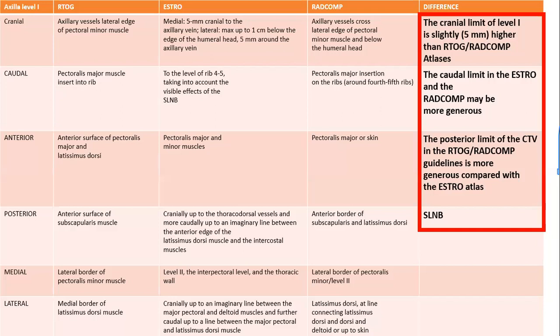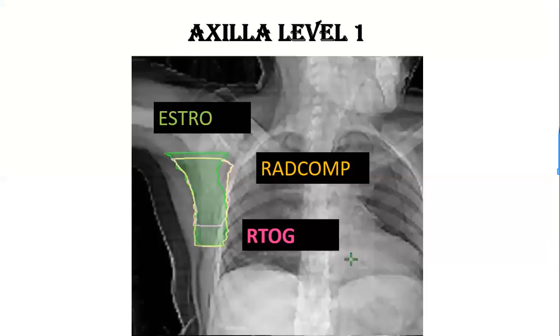Now coming to the axillary level 1, as we saw in yesterday's class, for the cranial limit, the ESTRO had a bigger volume and the RTOG has a smaller volume comparatively. So the RADCOM guidelines follow the ESTRO guidelines here, and when the posterior border is larger in the RTOG, it follows the RTOG guidelines and takes a larger posterior boundary.